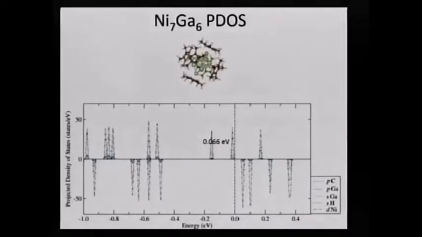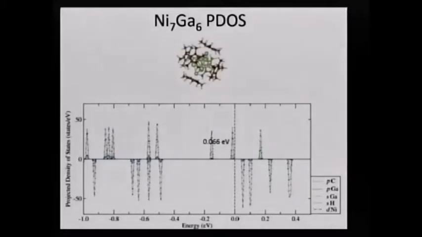The HOMO-LUMO gap is very small, about 0.066 electron volts, and we have the appearance of a new peak on the PDOS, built mainly by the nickel and gallium orbitals.